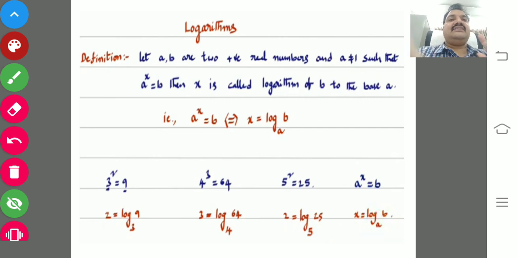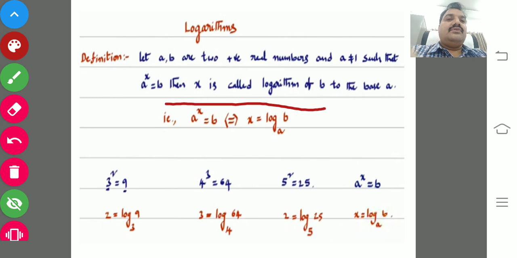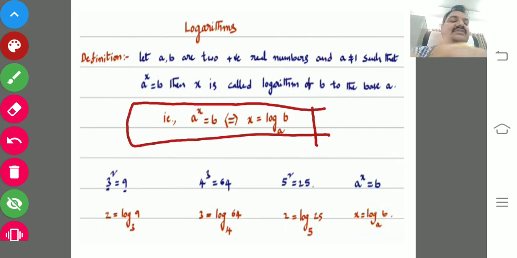Let a and b be two positive real numbers and a not equal to 1, such that a power x equal to b, then x is called the logarithm of b to the base a. So a power x equal to b if and only if x equal to log b base a.